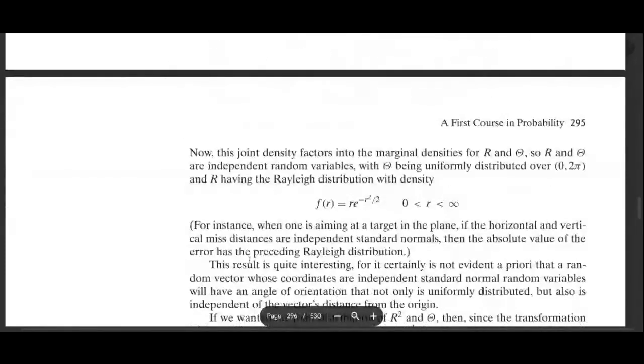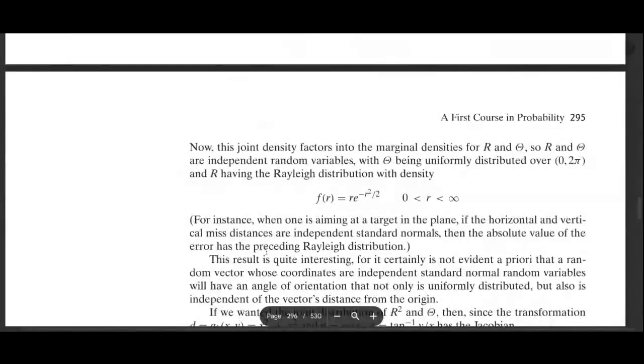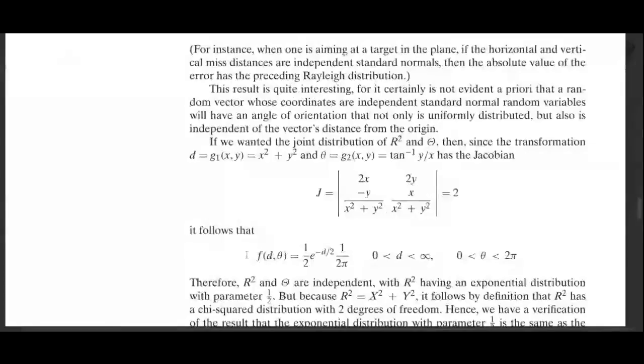Now this joint density factors into a marginal density with theta being uniformly distributed over 0 to 2 pi, and R having the Rayleigh distribution with density of this. All right, that's something more than we need to know.